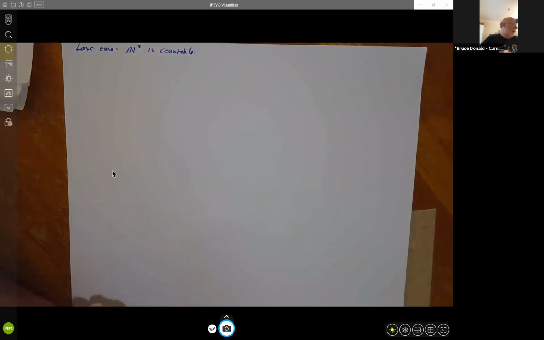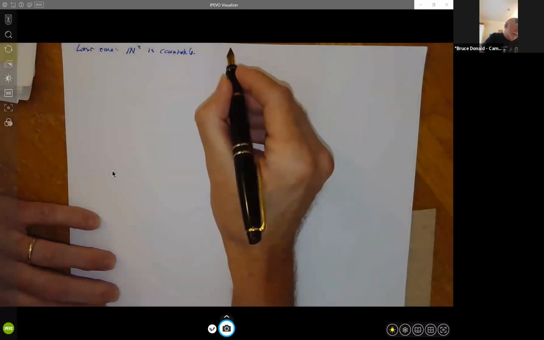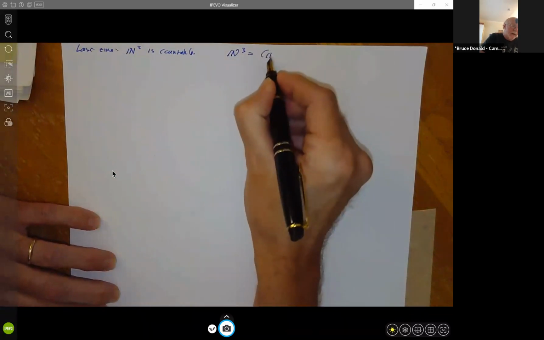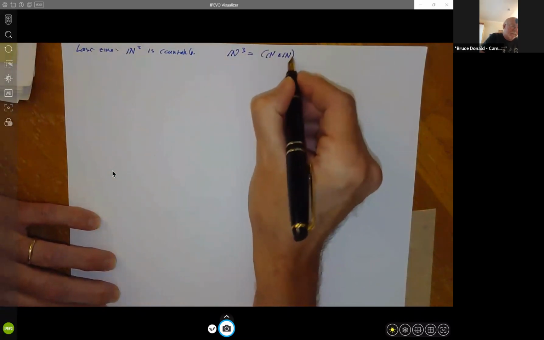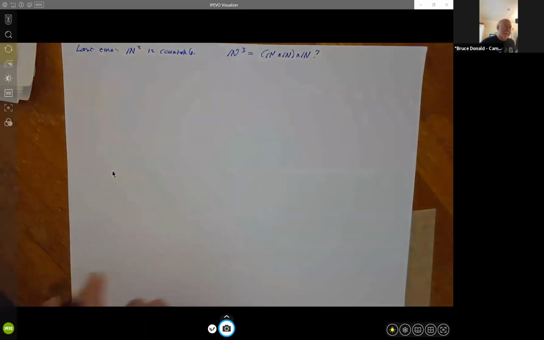We also did it by showing that there was an injection from N squared into N, which we then proved implies that there's a surjection from N back to N squared. But what about a set like this, N cubed, which is equal to N cross N cross N? Is such a set countable, even for a finite number of products like this?